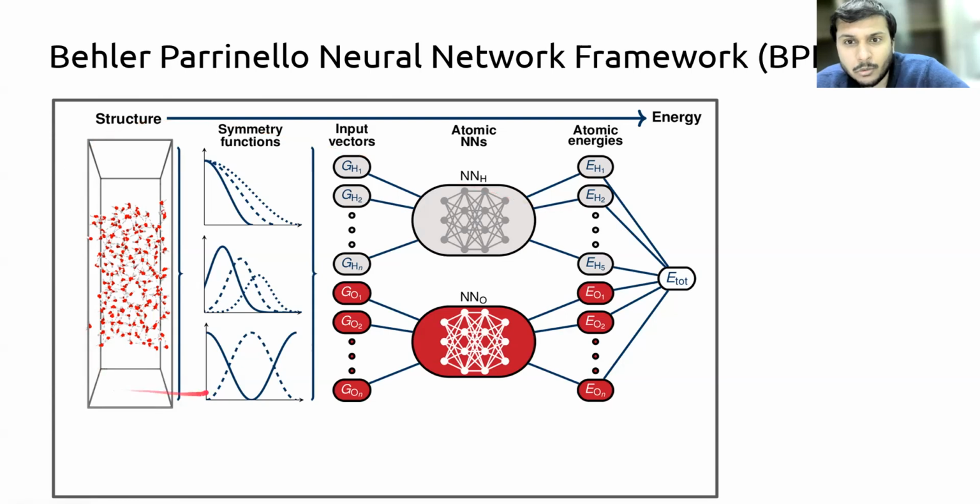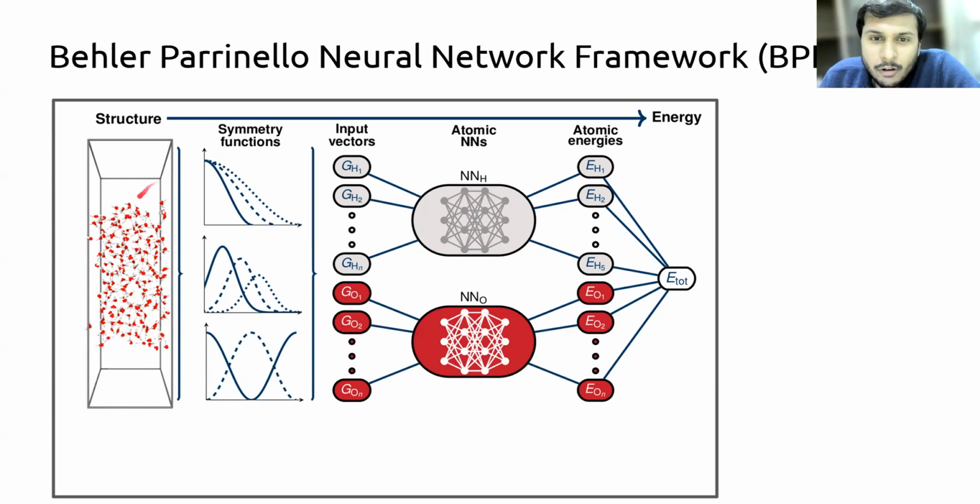So the idea here is the following: you take your input data, which is basically the positions of all the atoms in your system, and then you transform it using so-called symmetry functions. I'll dwell on this a bit more later on, but all you're doing is looking at histograms.